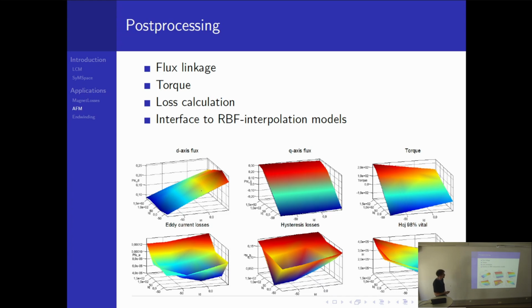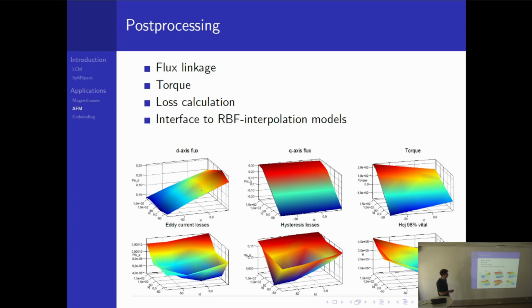And then in the load simulation, this is called a DQ grid. So you make quite many simulations with different currents in the stator, and you then end up for each of the load points with, for example, here for the torque, a certain torque.